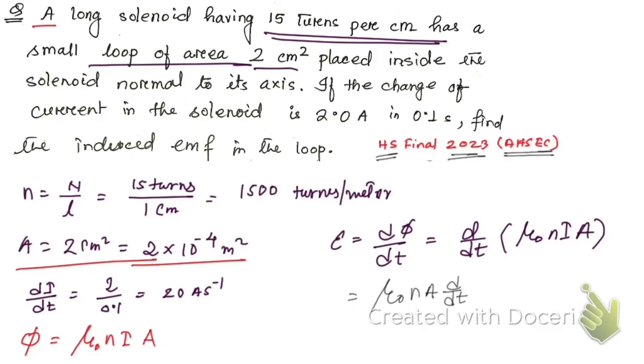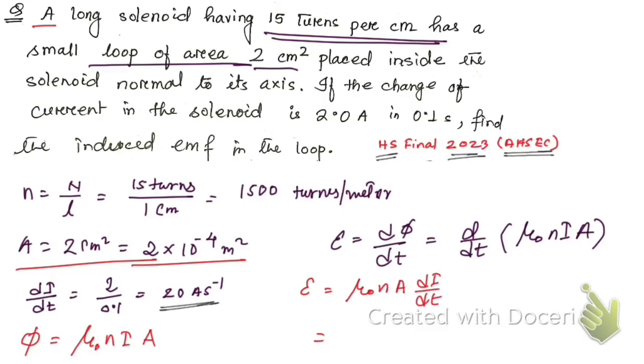That's why we're going to have only di by dt, and we know this di by dt, the rate of change of current, is 20 ampere per second. So let me put 20 ampere per second instead of di by dt. Let me write it properly. The induced EMF is now mu naught n A di by dt.